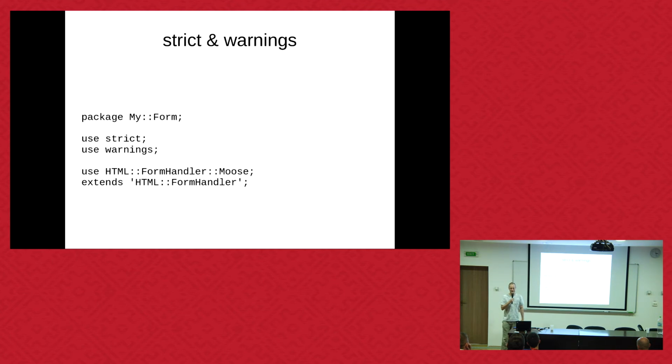And then you discover that doesn't happen, so you go and put use strict and use warnings in your code. The next thing I did after this was I found a module, Test::Strict, and I put that in my test suite, so that every time I forget to put use strict and use warnings in my code, my test suite shouts at me, which I never do because I'm perfect.